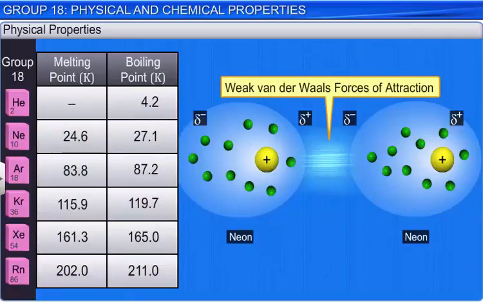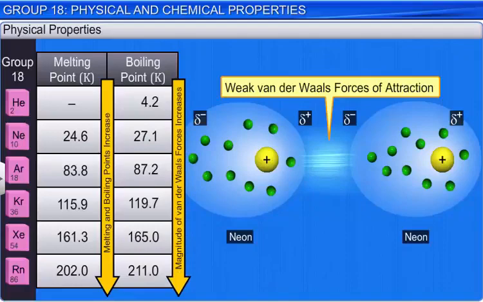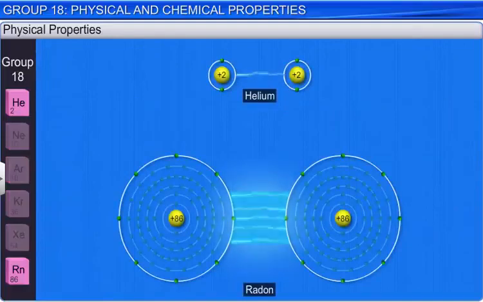However, the melting and boiling points increase on descending the group with an increase in the magnitude of the van der Waals forces of attraction. In other words, more energy is required to overcome the forces between the atoms with an increase in the atomic size or with an increase in the diffusion of the electron cloud.